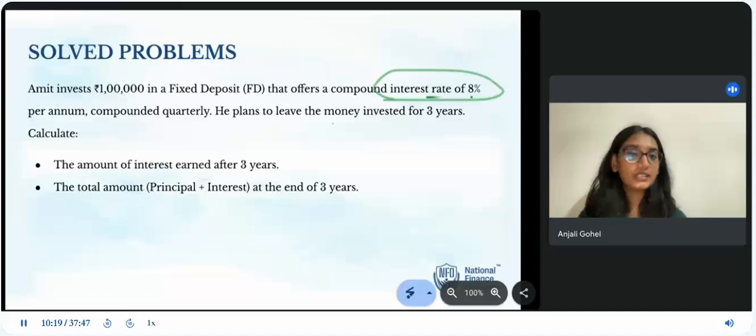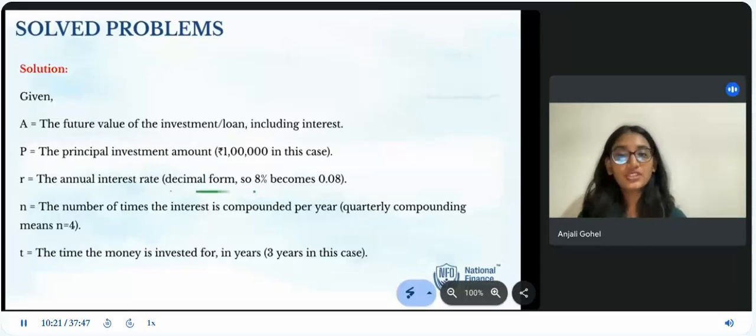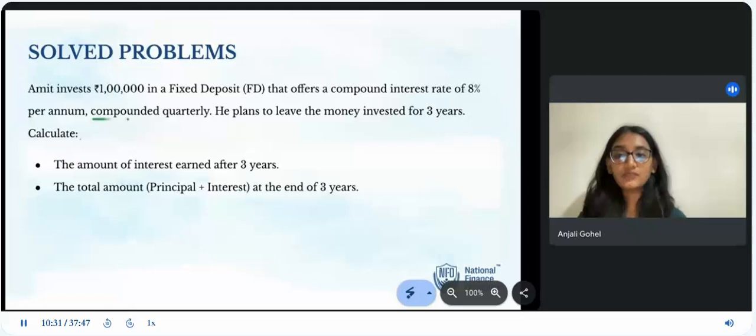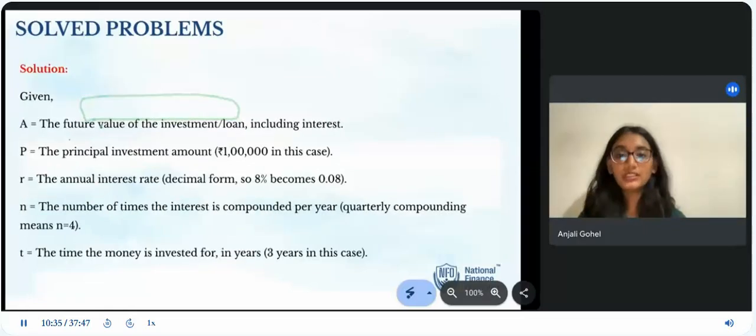My interest rate is 8%, which is 0.08 in decimals. n means the number of times interest is compounded. If you read carefully, it is compounded quarterly. Quarterly means 4 times, so in this question n would be equal to 4.